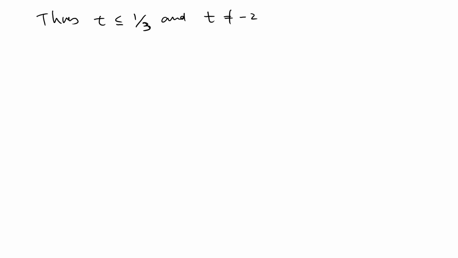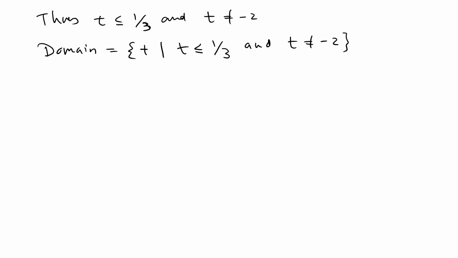So the domain is the set of t such that t is less than or equal to 1/3 and t is not equal to negative 2. That's how we write it. You have to write and there. It's not or, it's and. We satisfy both conditions, and means both.